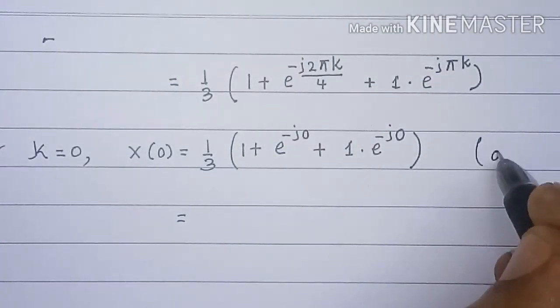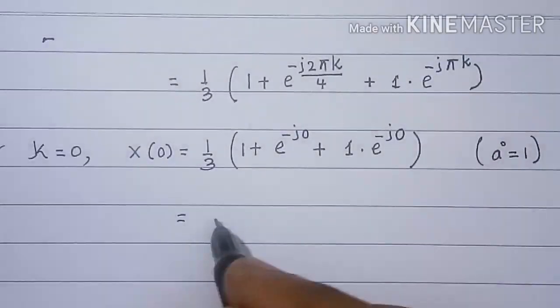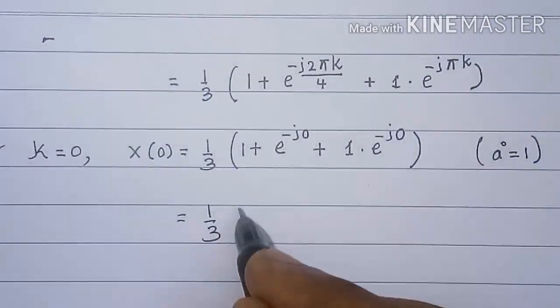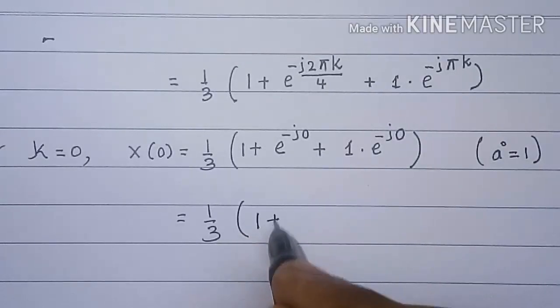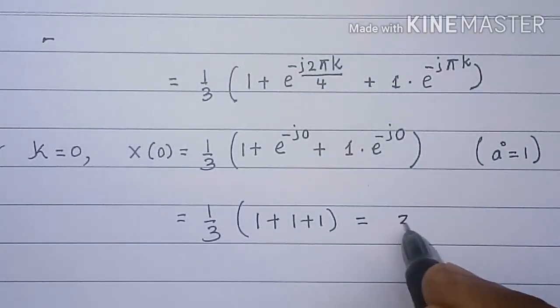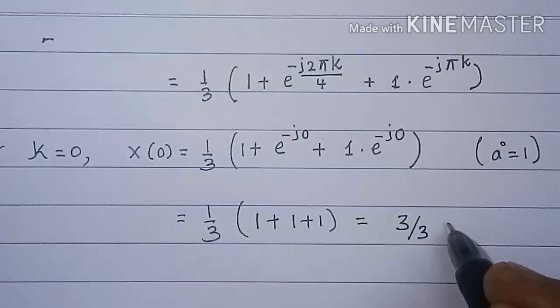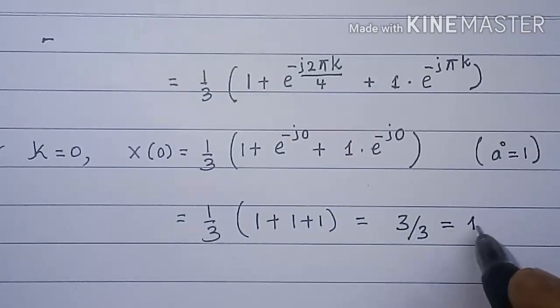But we know that a raised to 0 is equal to 1. Therefore 1 by 3 into the bracket 1 plus 1 plus 1, that is equal to 3 by 3 and is equal to 1 now.